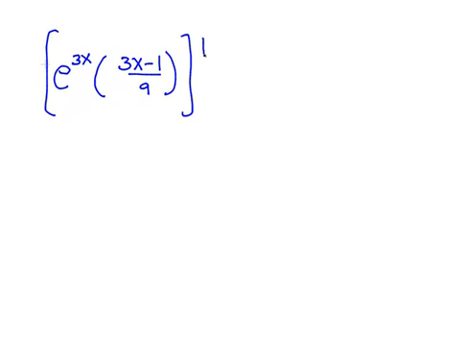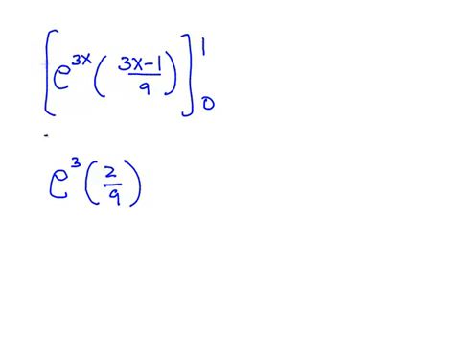So, e to the 3x by 3x minus 1 over 9, evaluated for 0 and 1. In the first case, we have e to the power of 3 by 2 over 9, since 3 minus 1 is 2.